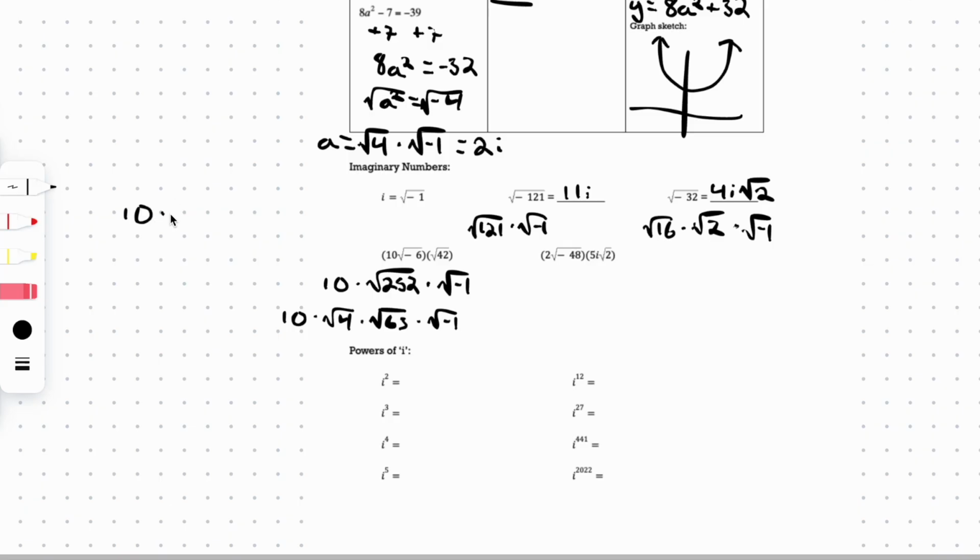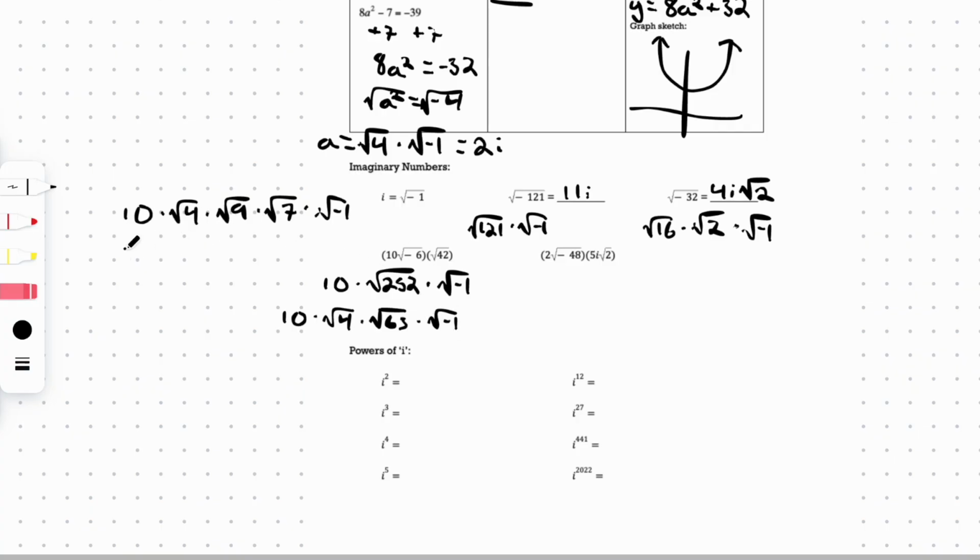We're doing 10 times root 4. Then I'm breaking up this root 63 into root 9, and then 9 times what equals 63? 9 times 7. So I'm going to say 9 times 7 times square root of negative 1. Well, let's just evaluate all this.